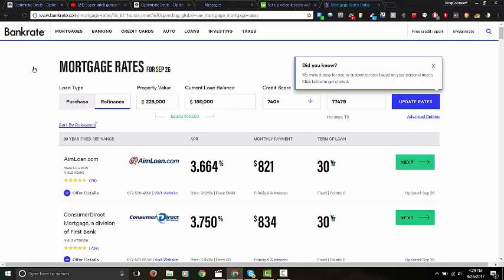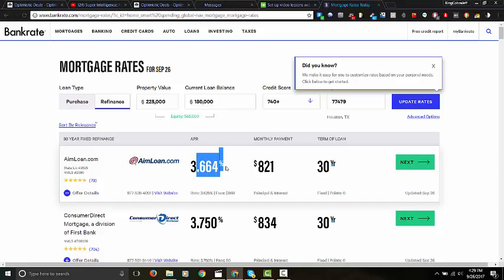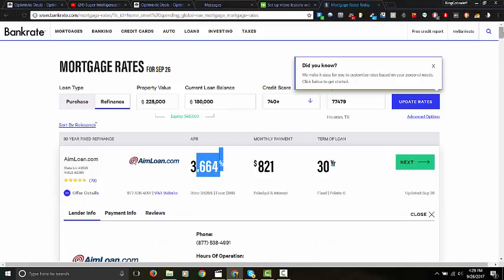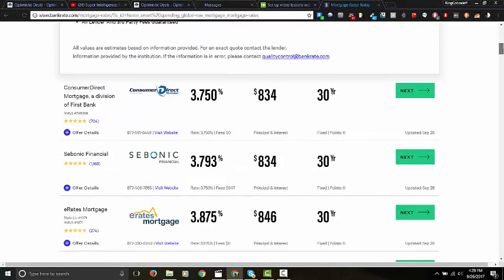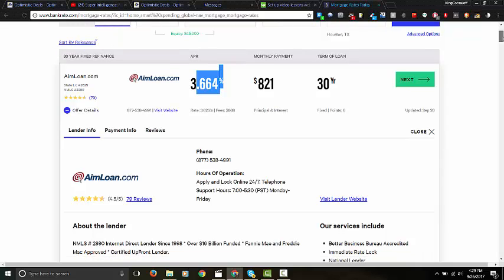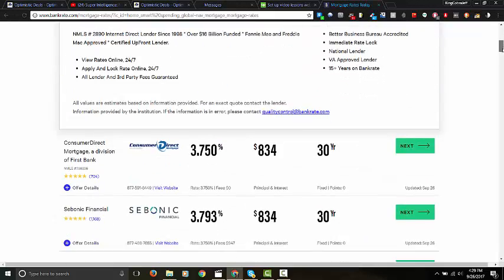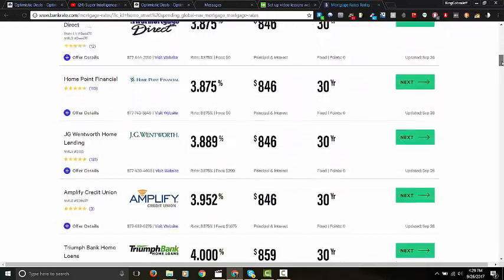If an individual was getting a mortgage for 30 years, the typical percent based on the national average is about 3.664. If you look at some other examples, you can see that this one is currently the lender providing the lowest percentage, and the other ones are a little bit higher. Why is this information important?